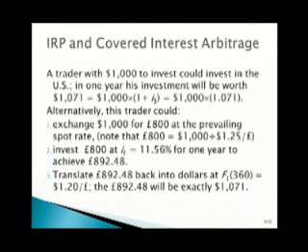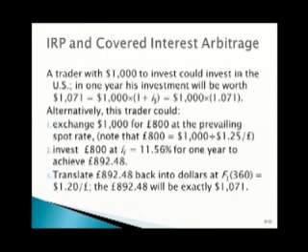A trader with $1,000 to invest could invest in the U.S. In 1 year, his investment would earn 7.1% and be worth $1,071. Alternatively, the trader could convert his $1,000 into 800 pounds. And the prevailing rate is 1.25 as the table suggested.